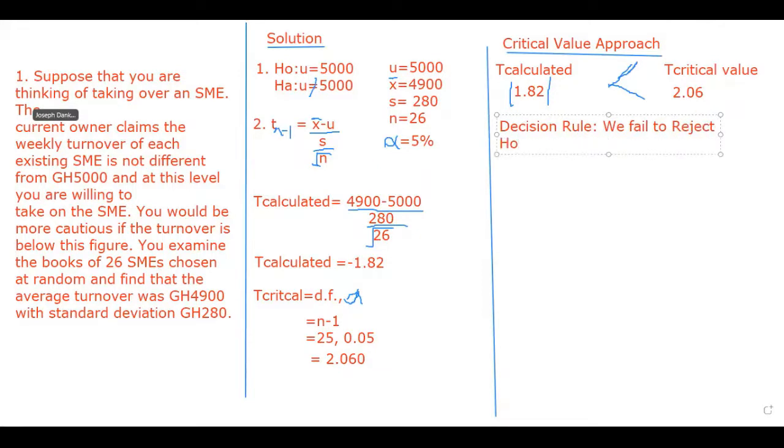Reject H0, since the absolute T calculated of 1.28 is less than T critical of 2.06 at the 5% level of significance.